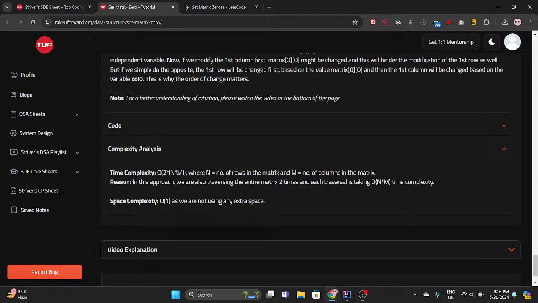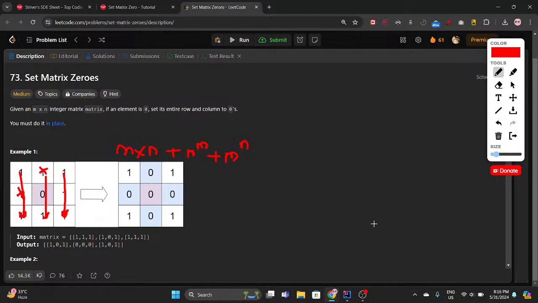I have not written time complexity in this one, but you have understood: m into m raised to n again, m plus n again, and 2 raised to n. So it is exponential anyway.